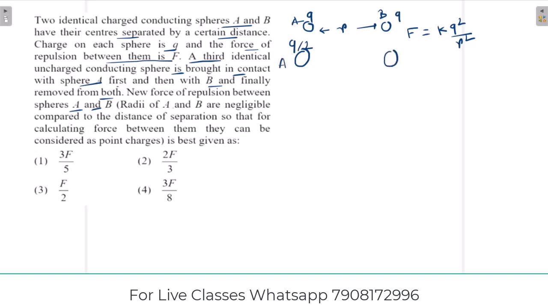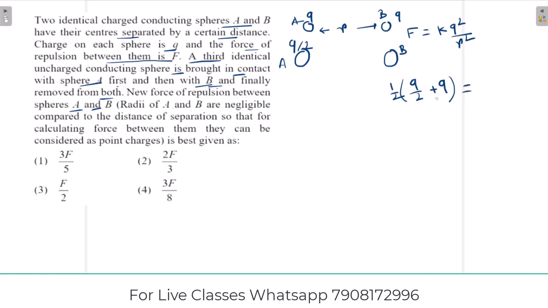Now, when it is brought in contact with B, the sphere has a charge Q by 2 and B already has Q. So, this total charge will be divided into two parts, that is B and the third sphere will get equal charges when they are in contact.